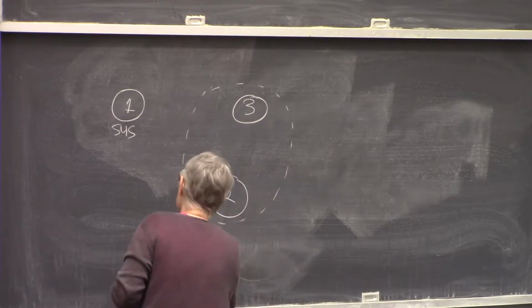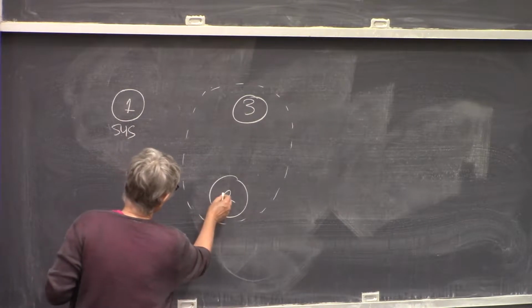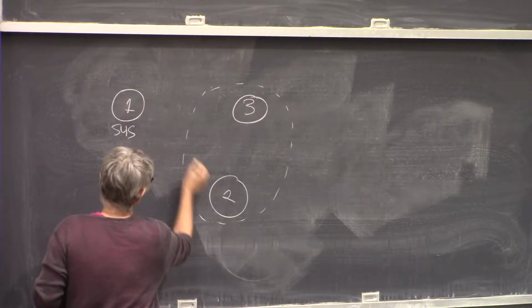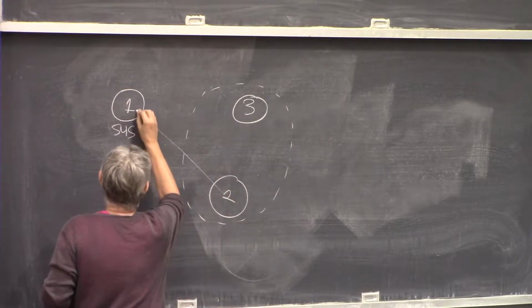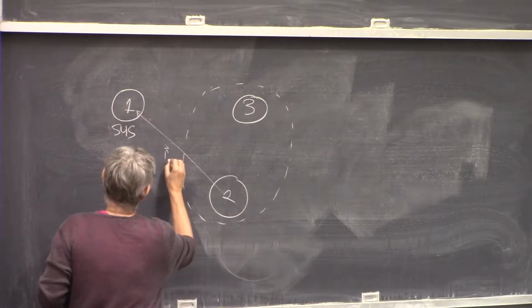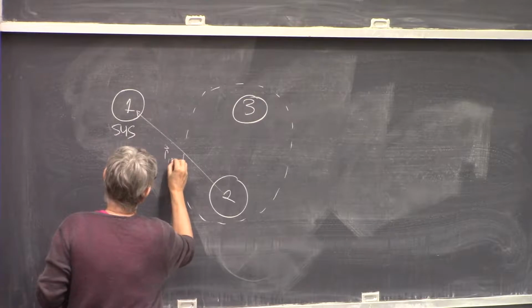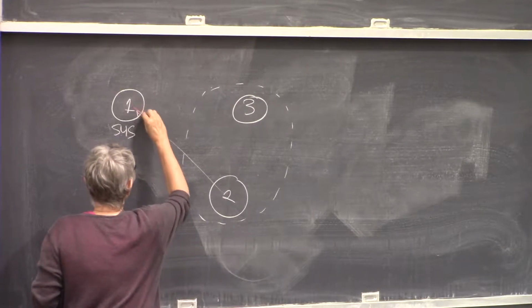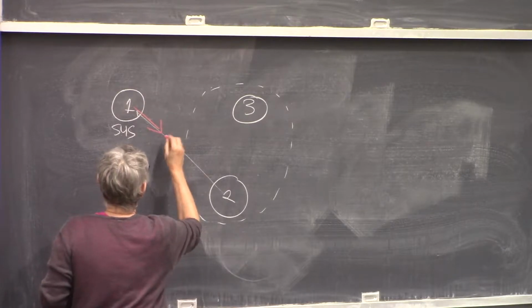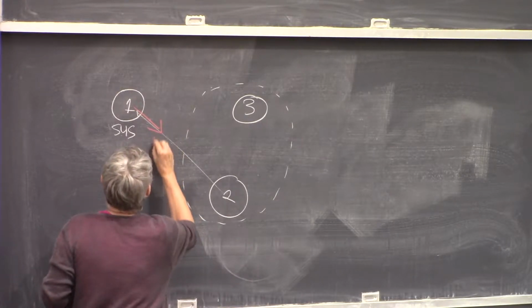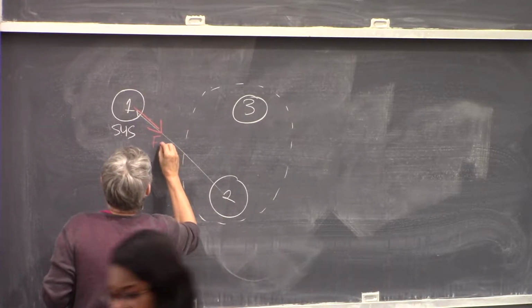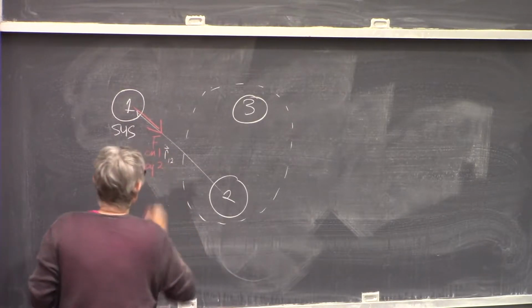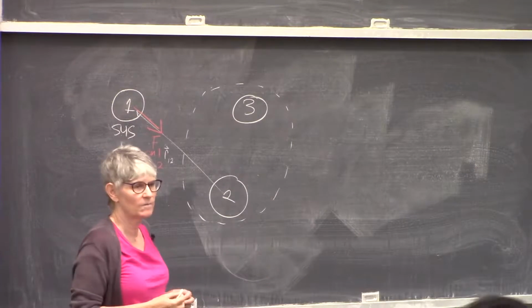Object 2 exerts a gravitational force on object 1, so we would calculate it with R12, and we'd get this gravitational force on 1 by 2.